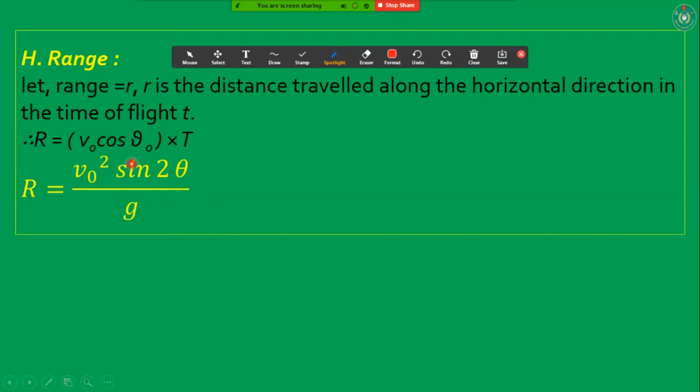You know it very well that x is equal to vt, but here x is replaced by capital R, and v is v naught cos theta, and t must be capital T because it is happening for the time of flight.